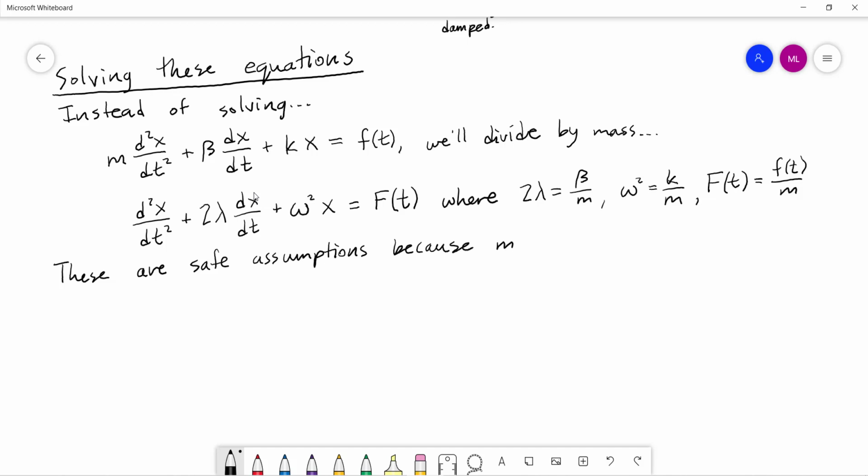Because m, obviously a mass has to be positive, but basically the beta and k, the spring constant and the friction coefficients, also have to be positive in order for them to work the way that we would expect. Essentially, if these terms were negative, if the damping term were negative, when something is moving with a velocity, the force would be giving it an extra boost in that same direction as opposed to opposing the velocity.